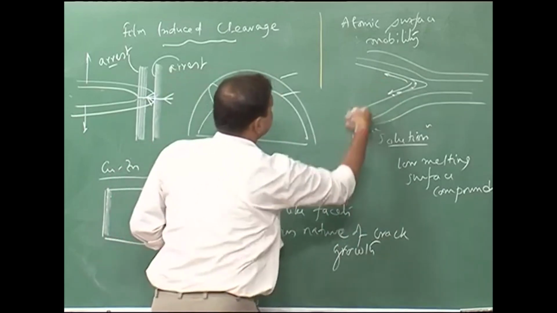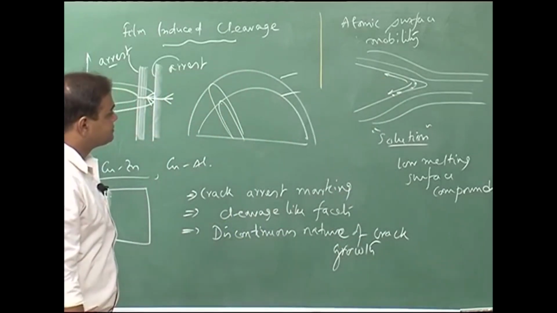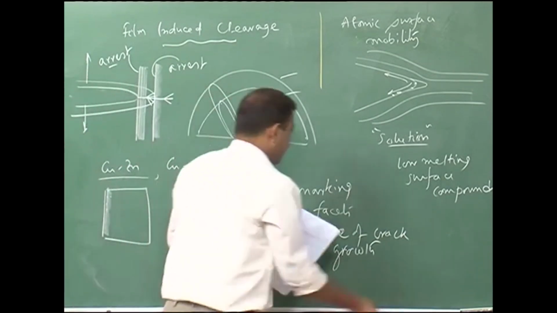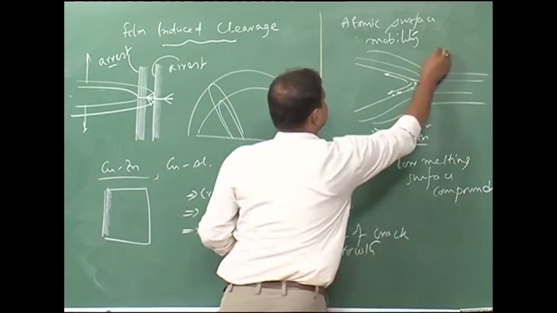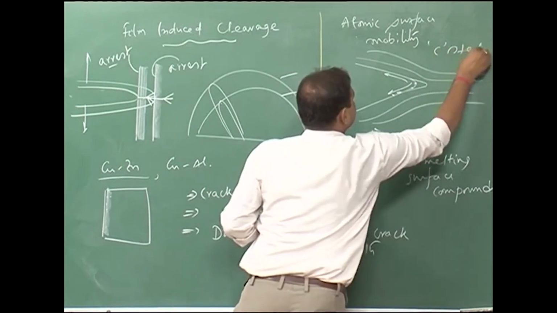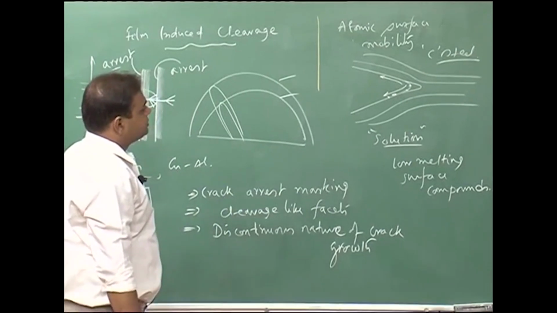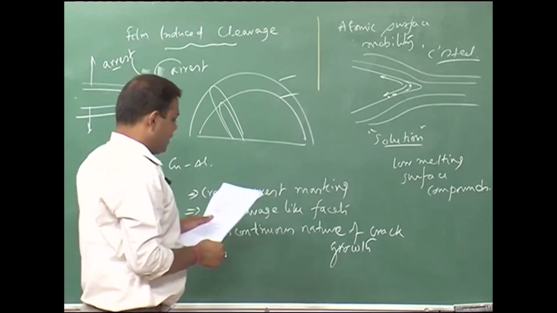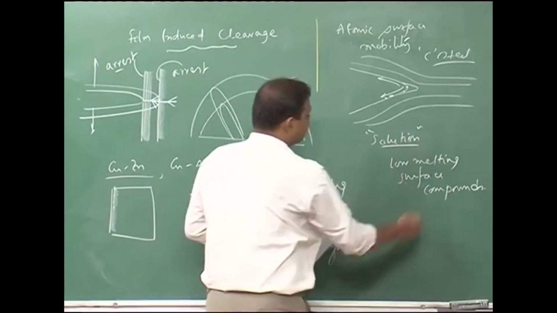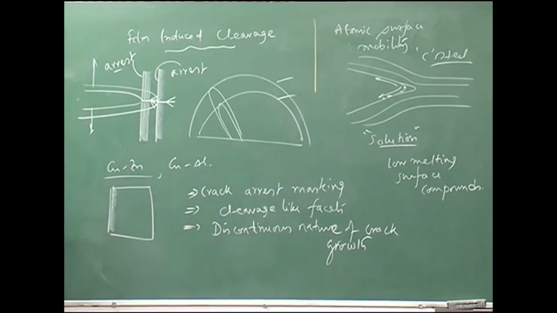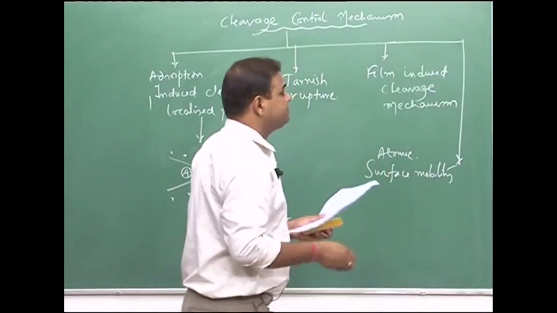This atomic surface mobility is related to low melting surface compounds, and one example is carbon steel. For example, the carbon steel cracks in the presence of nitrate solution, and that is due to the low melting surface compound formation. So, these are the broad cleavage control mechanisms.